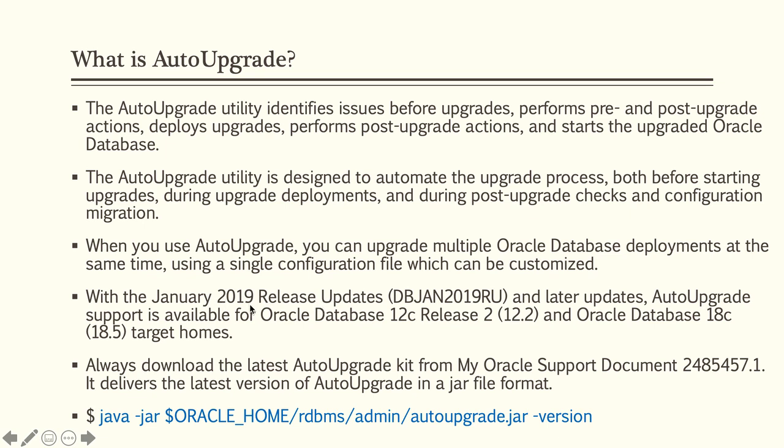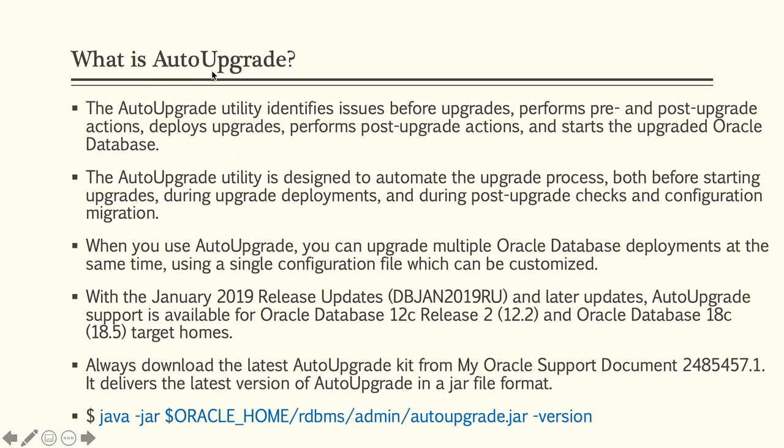But with the Jan 2019 release update, you can pick any lower version database and migrate it to 12.2, 18c or 19c. However, I would find it more appropriate nowadays to upgrade directly to the 19c release, given that 12.1 and 12.2 are going to be desupported after November of 2020.